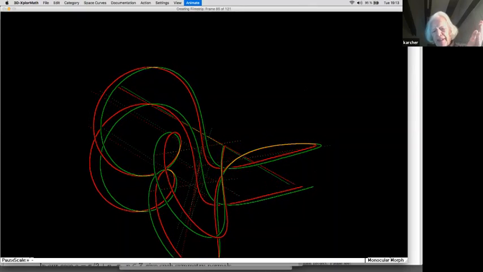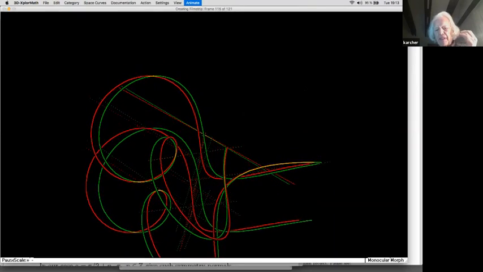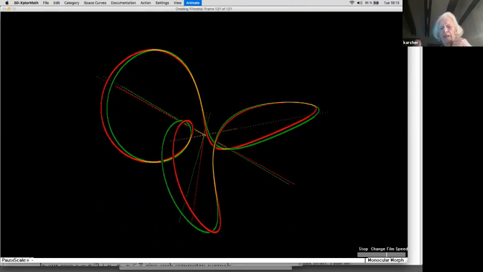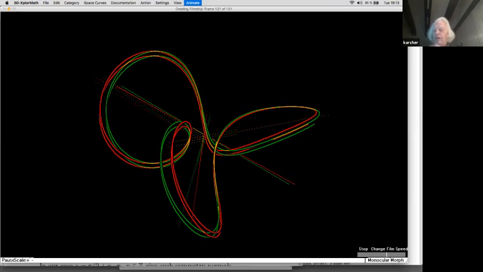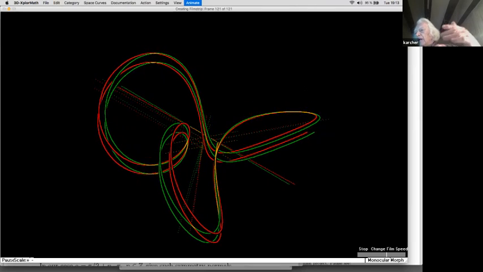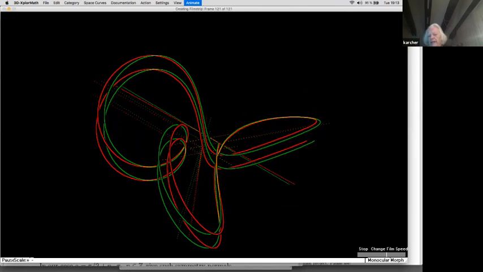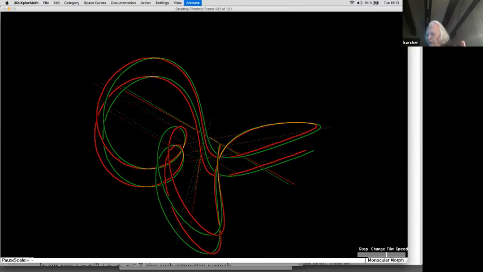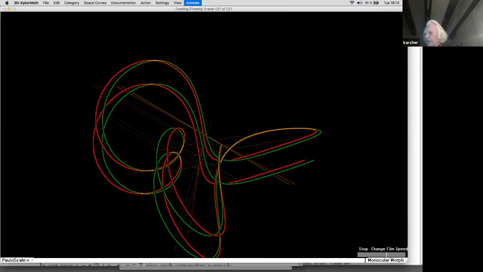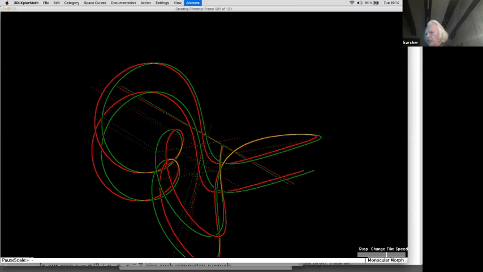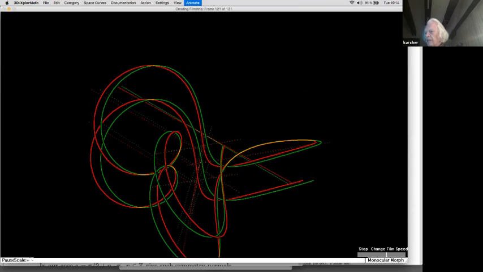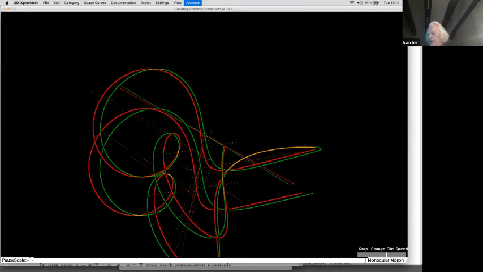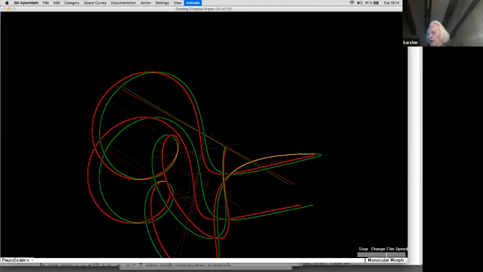What you should see is that the distance between the symmetry lines increases very regularly. Now, that the different symmetry lines at each moment are equally spaced is part of the construction, because the third symmetry line is obtained by rotating around the second one, the first, and so on.